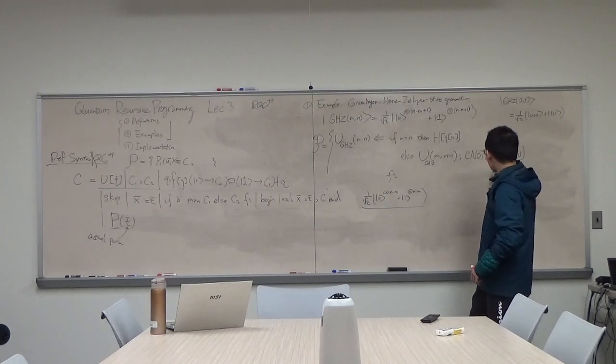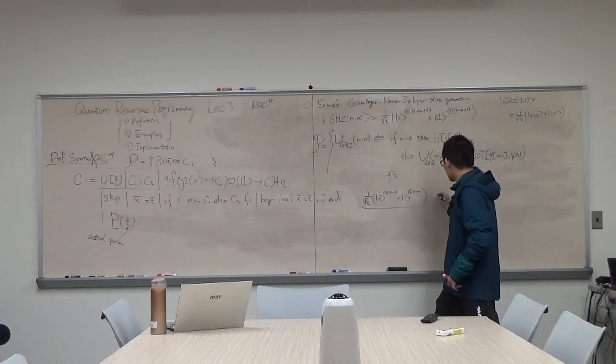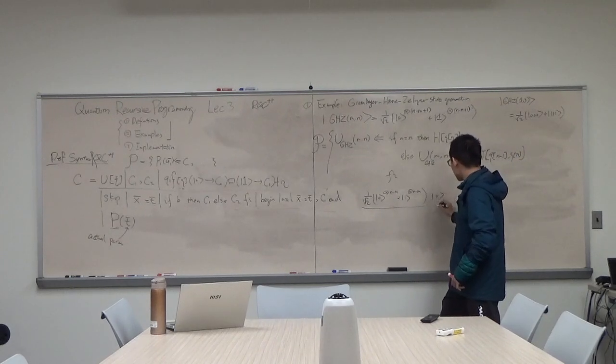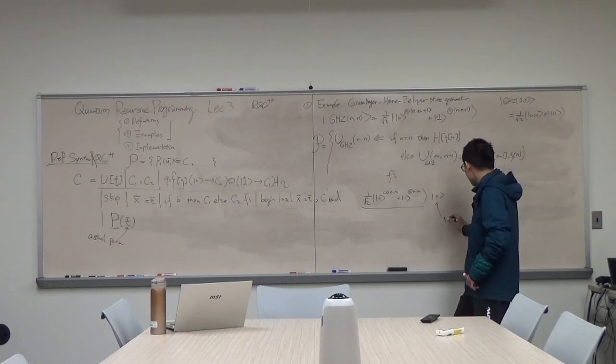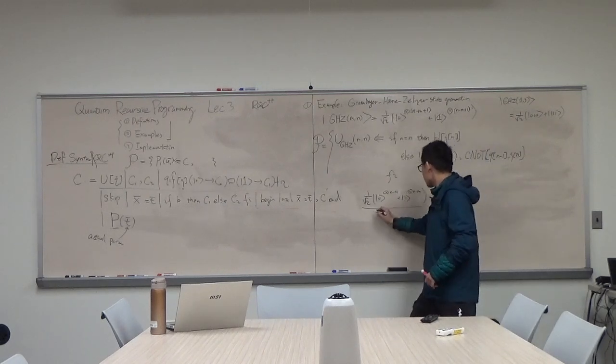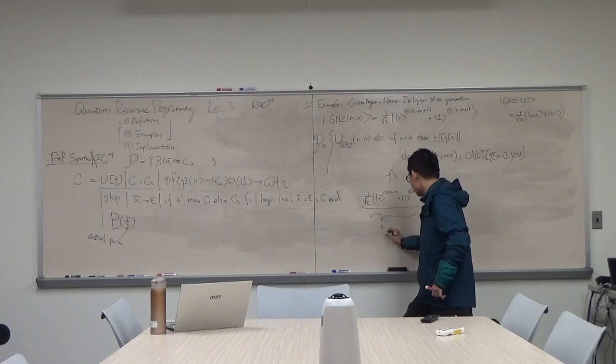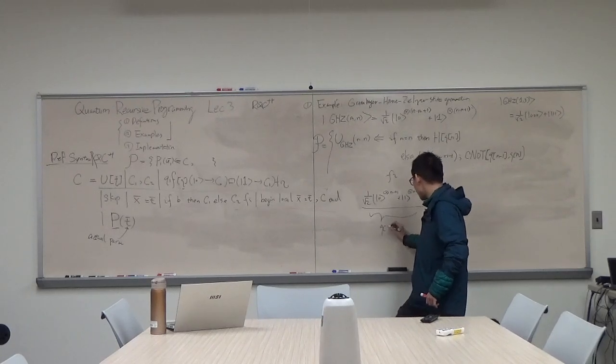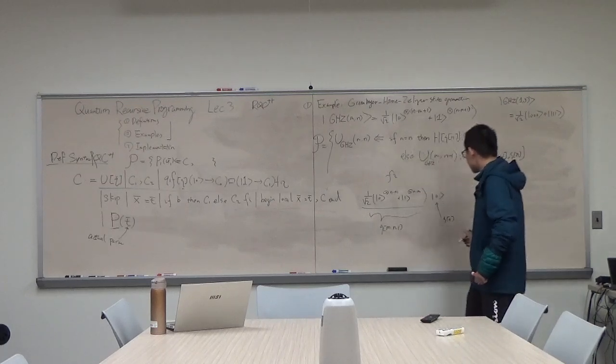Then you further apply the CNOT with this. So this one is Qn, and this is the state of the quantum array m to n minus 1.